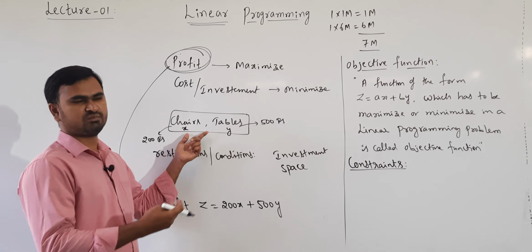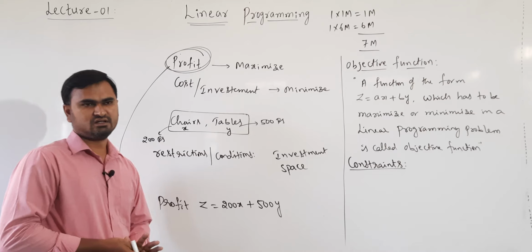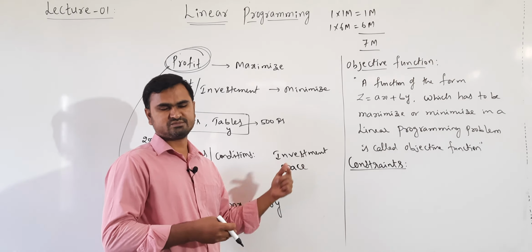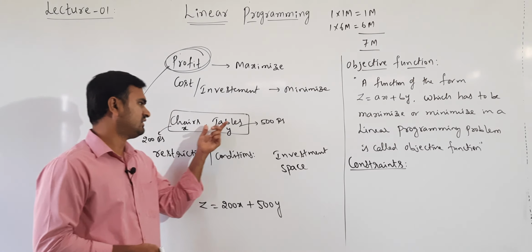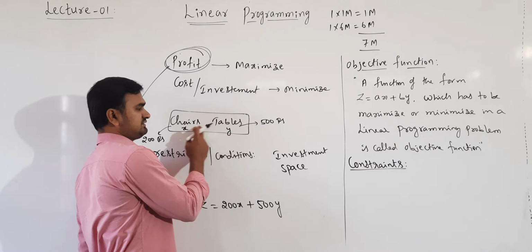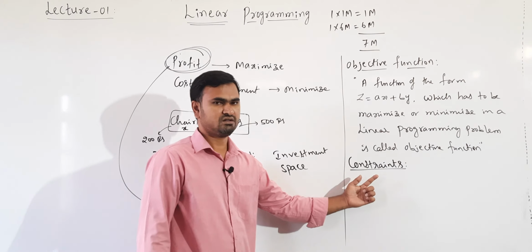We cannot sell more chairs or more tables because of the space concern, and also investment is limited. Investment is limited means we have to limit the number of tables and chairs. So there will be some restrictions on this number of units. So these restrictions are called the constraints.